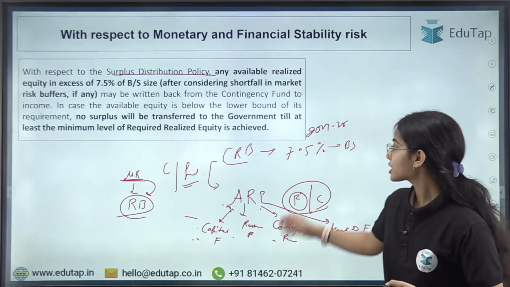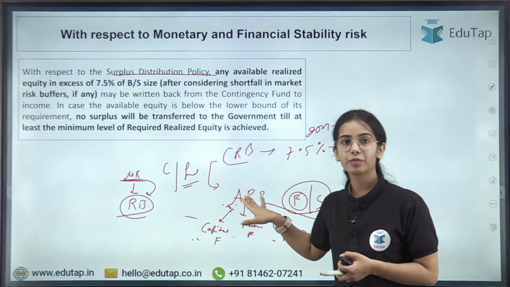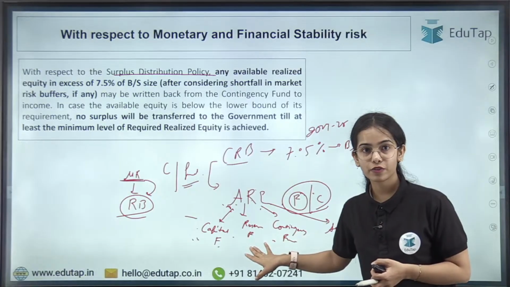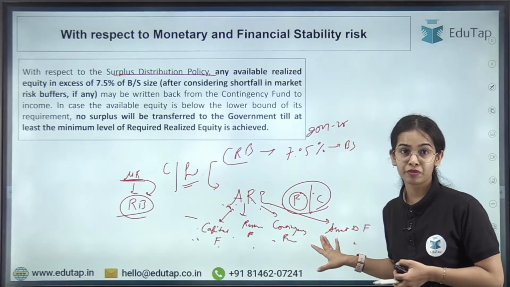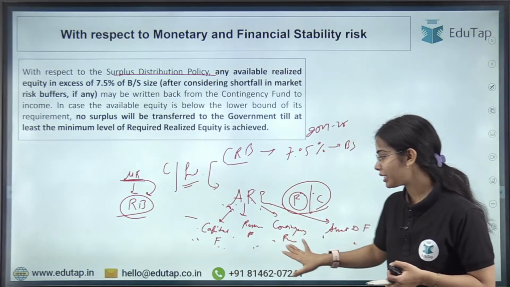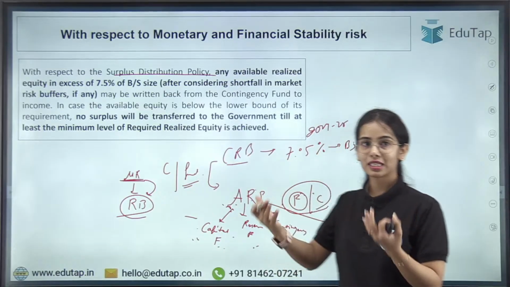So for the contingent risk buffer, from where are the funds going to come? They are going to come from the available realized equity, maintained in the form of capital fund, reserve fund, contingency fund, and asset development fund. I know my handwriting is the worst, but that's why I am repeating it.